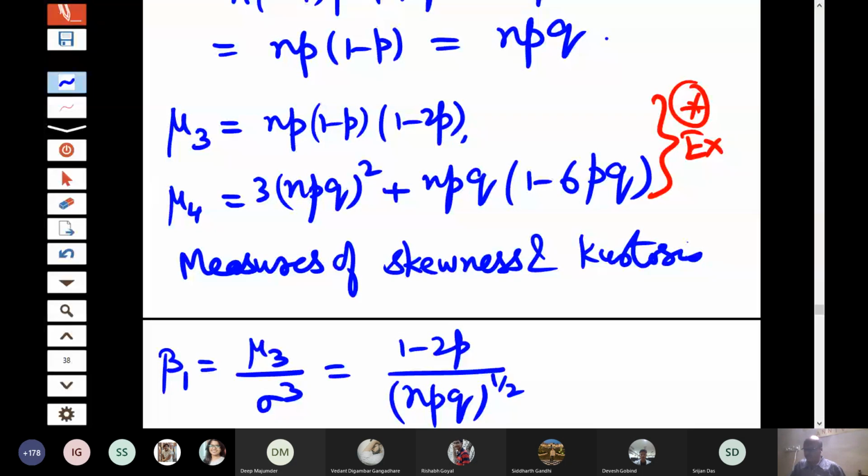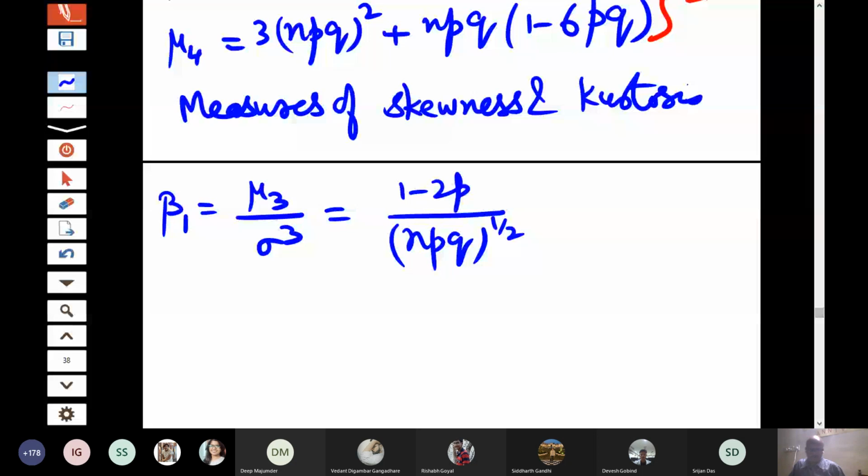Now let us see the interpretation from here, what I will get about the binomial distribution. See, in the binomial distribution you have the points 0, 1, 2 and so on, n minus 1, n, and the probabilities nCk p to the power k, q to the power n minus k.